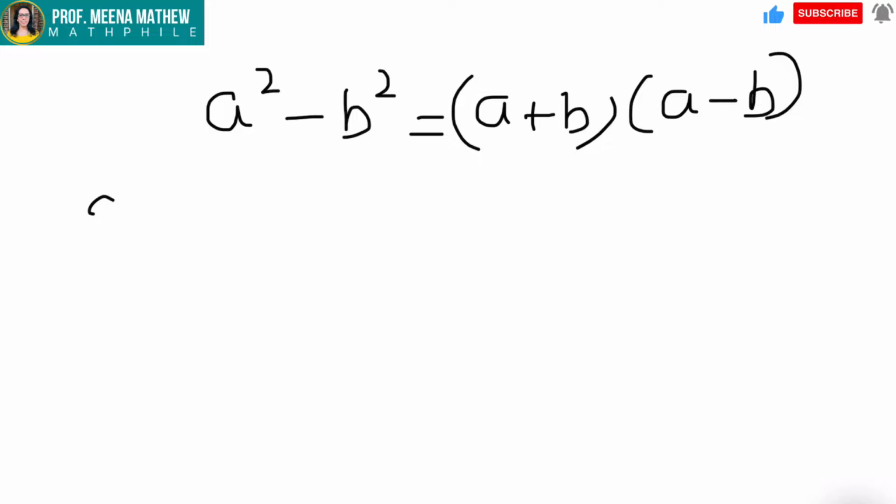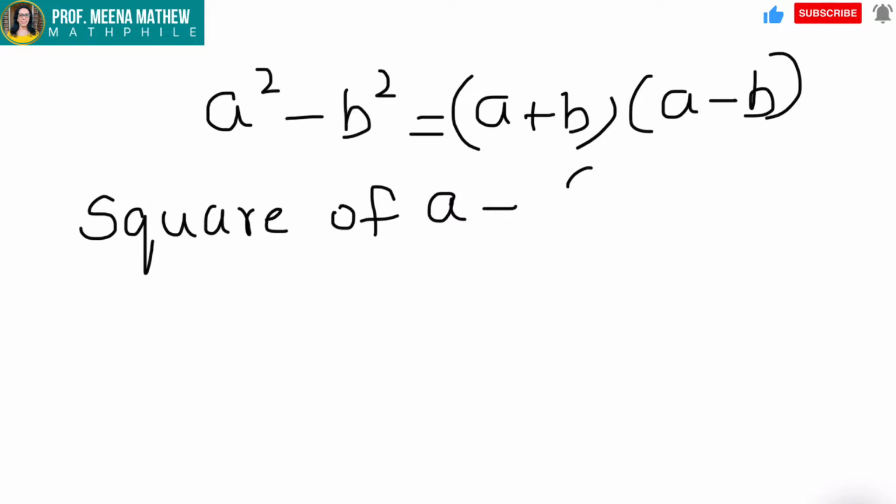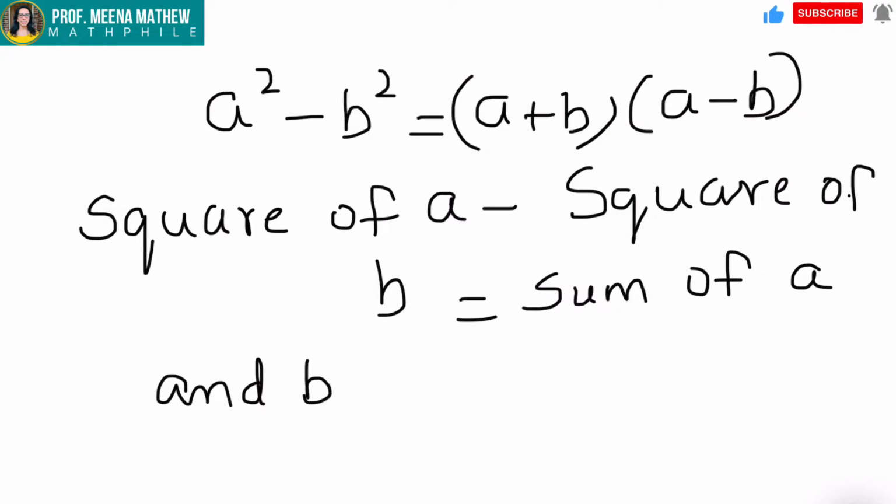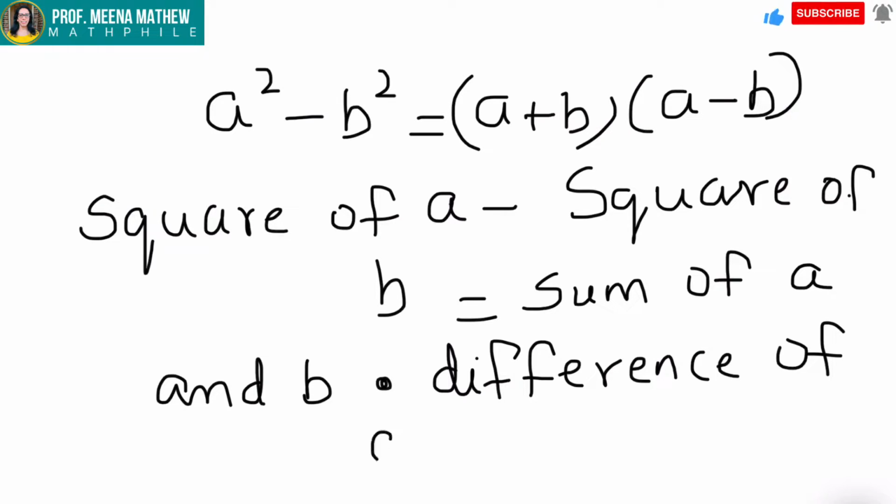That is, square of a minus square of b equals sum of a and b times difference of a and b.